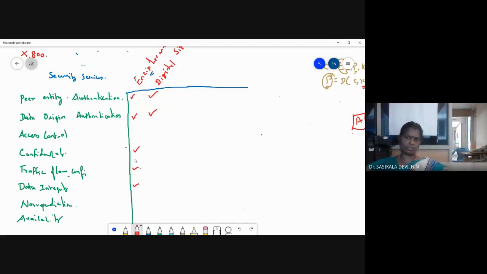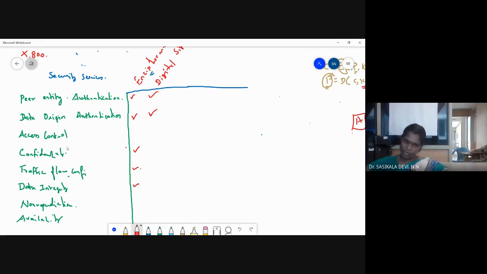Because for confidentiality, we already have so many crypto systems available, RSA, Elgamal, so many. Is it possible to use those encipherment techniques for digital signature? Is it possible to get confidentiality with a digital signature? I think my question is wrong.